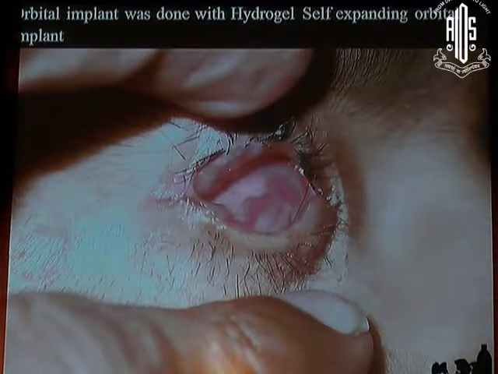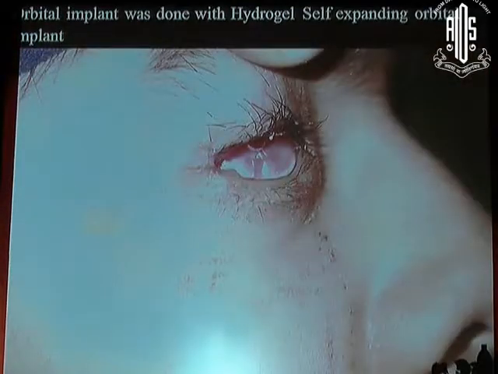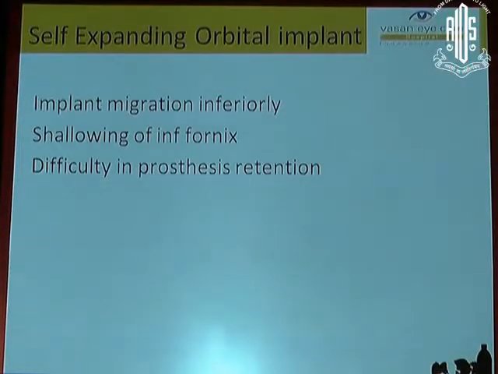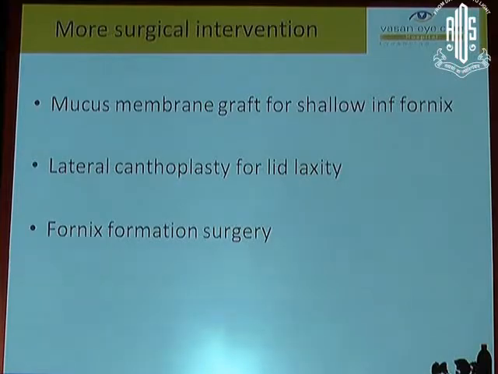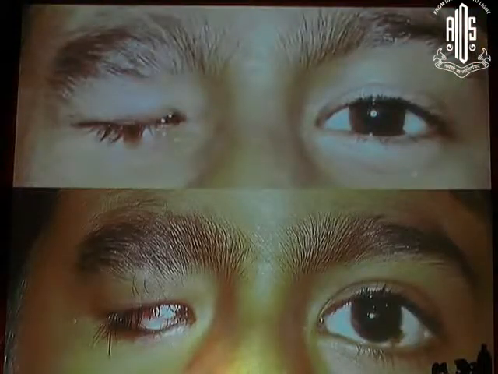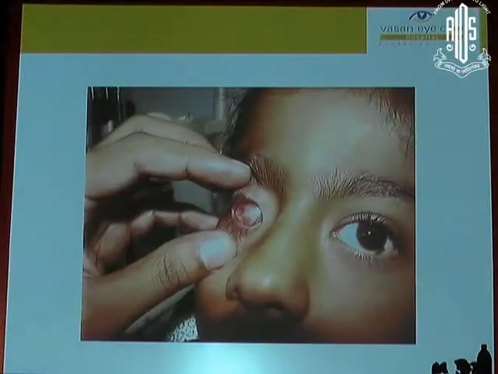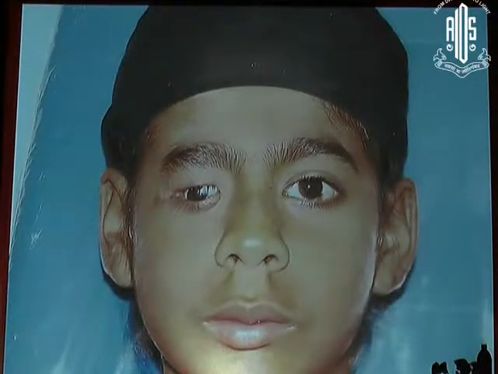Second, this implant migrated to the inferior fornix, making the fornices very shallow, so that he was not able to retain a conformer. With surgical correction, with fornix formation sutures and a mucous membrane graft, we were able to make him retain a conformer, but not as good an outcome as would have been achieved with a conservative expansion first and then a stepwise approach.